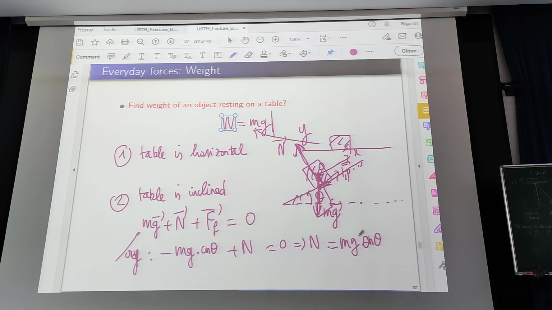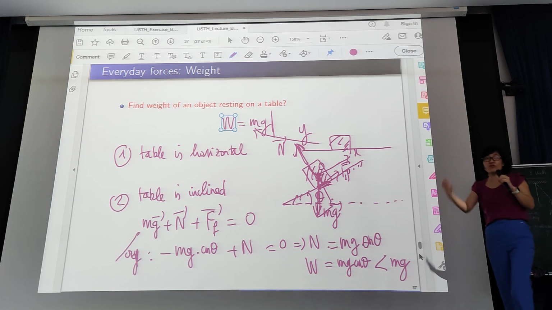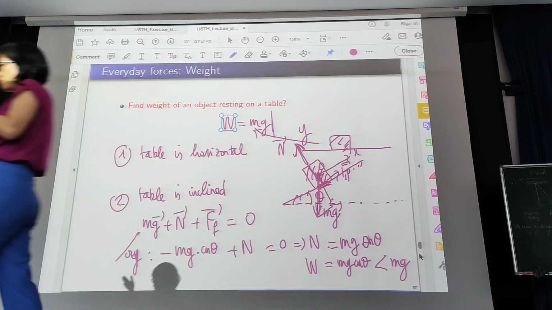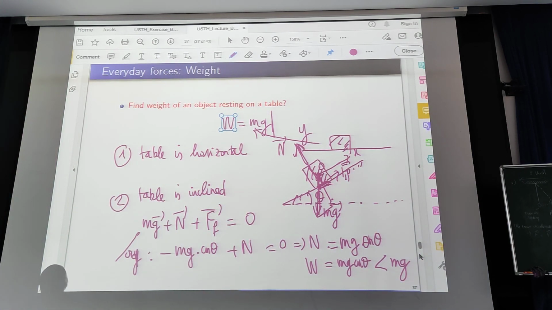Comparing to the horizontal case, here the weight, mg cosine theta, is smaller than mg. So in this case, the weight is changed. It's not mg anymore but multiplied by the cosine of the angle. Okay? So it's smaller.